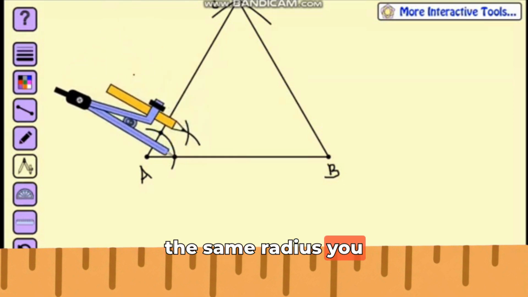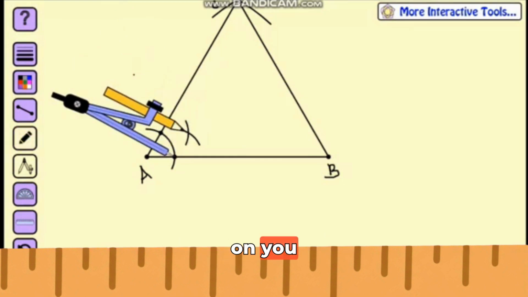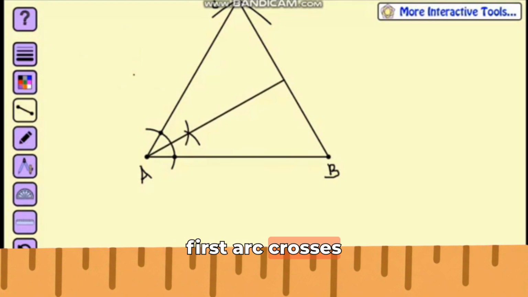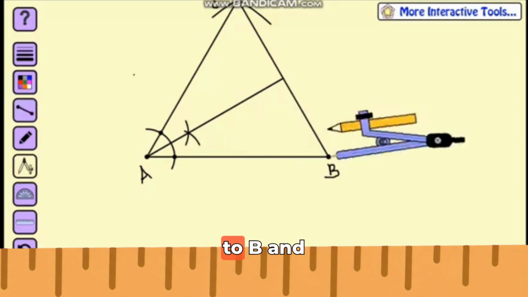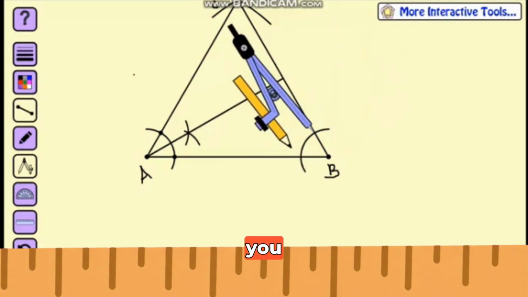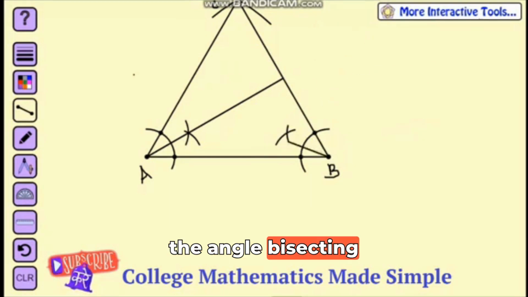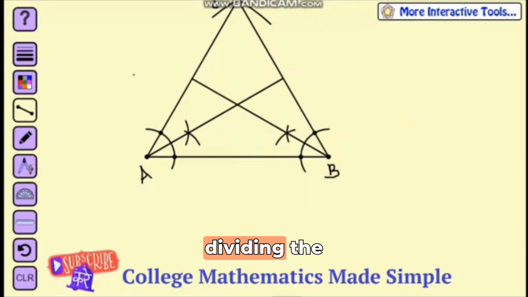With the same radius, you put your compass on the points where the first arc crosses the line coming from A and the other one going to B, and you connect the points, meaning that you have bisected the angle. Bisecting an angle just means dividing the angle in half.